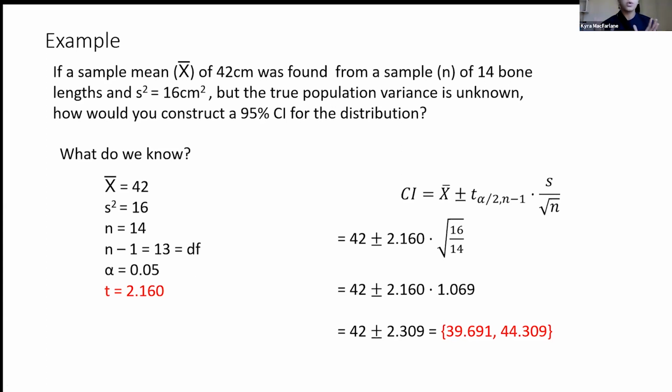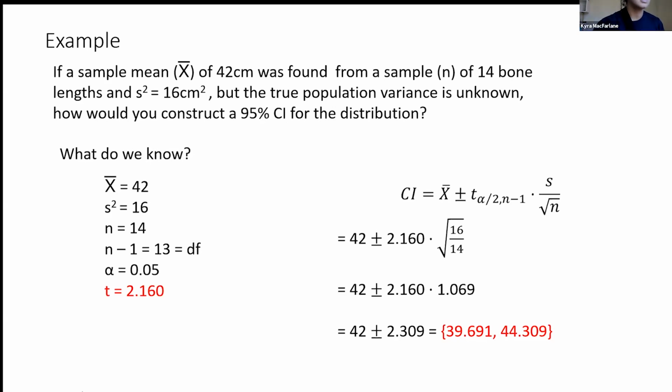So we have a total 0.05 alpha, but we have two tails that we need to account for, the negative side and the positive side. So that means that when we're looking up our critical values in the table, we're actually looking at alpha divided by 2. So we go to 13 and then we actually go over to alpha equals 0.25. Because 0.25 is in both tails, that totals up to 5%, 0.05 for both tails.